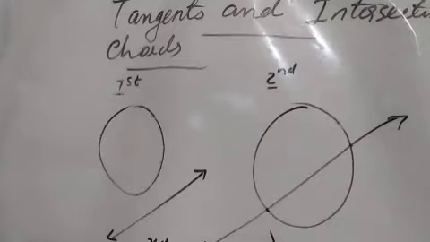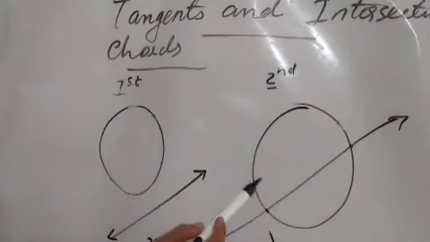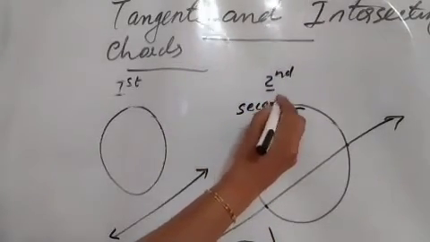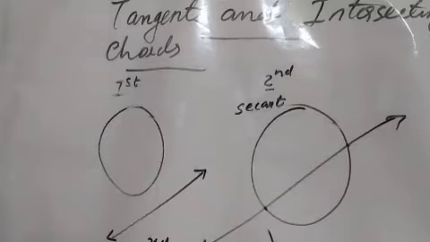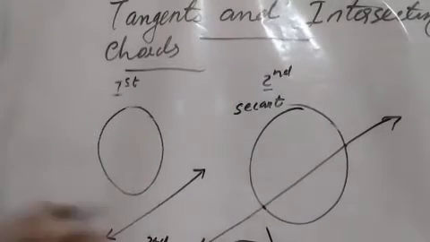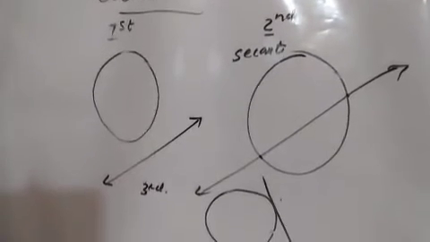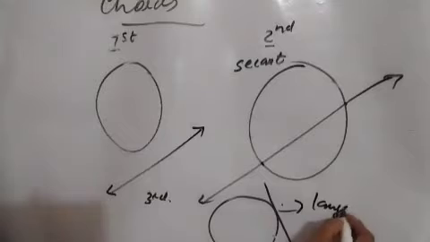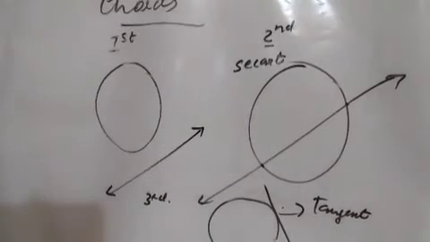The straight line which cuts the circle at 2 points is called a secant of a circle, and the line which touches the circle at 1 point is called the tangent of the circle.